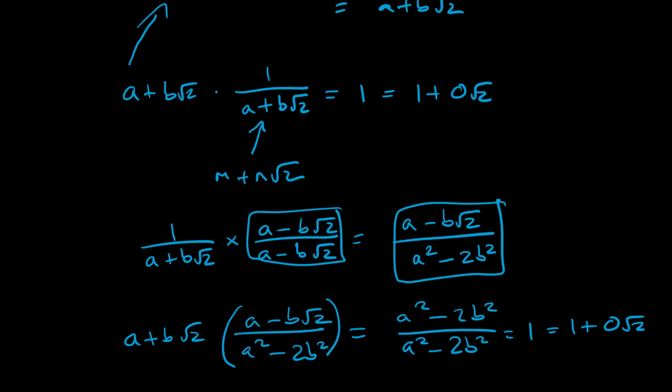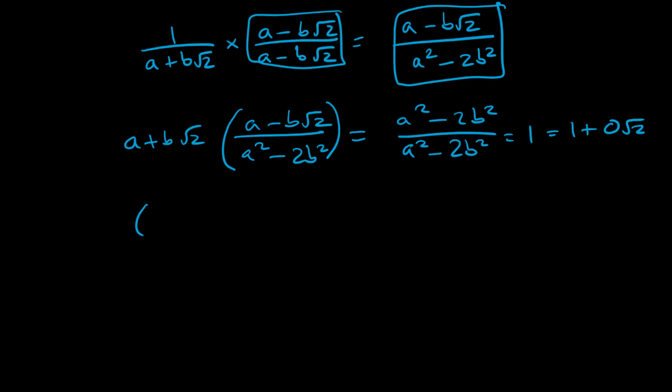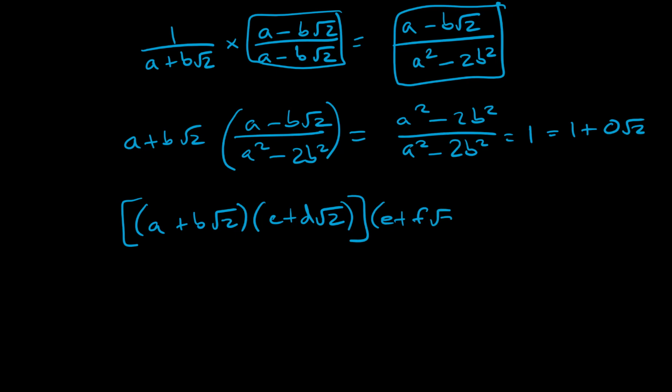But what about associativity? That's the last one. We need to show that a plus b root 2 times c plus d root 2, times e plus f root 2, is the same thing as a plus b root 2, times c plus d root 2 times e plus f root 2.